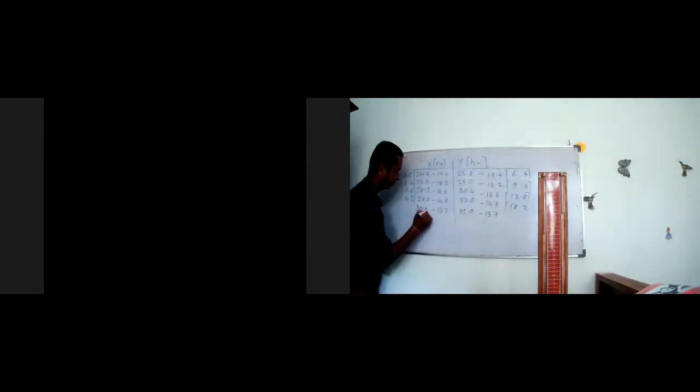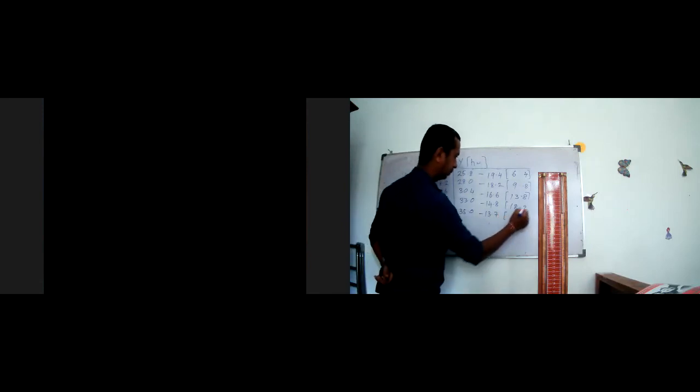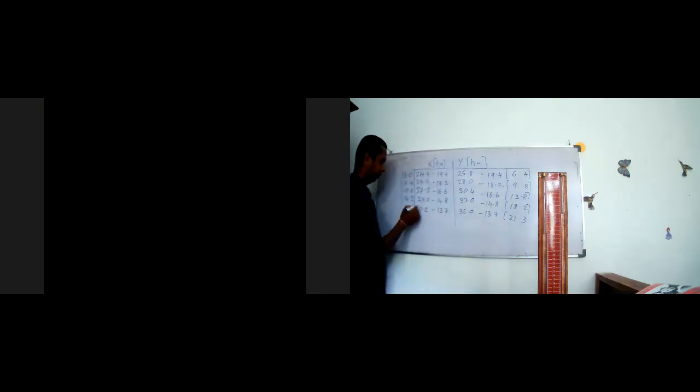And the new value here is equal to 30.2, right? So therefore the difference is 21.3, and here it is 16.5, right?